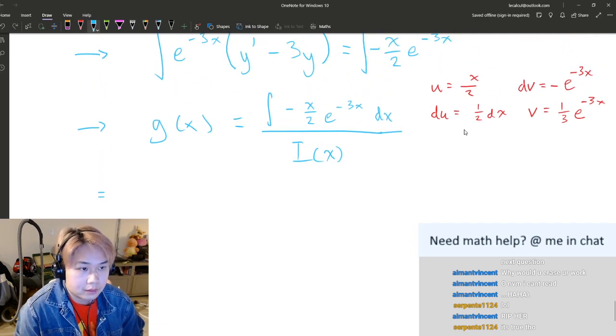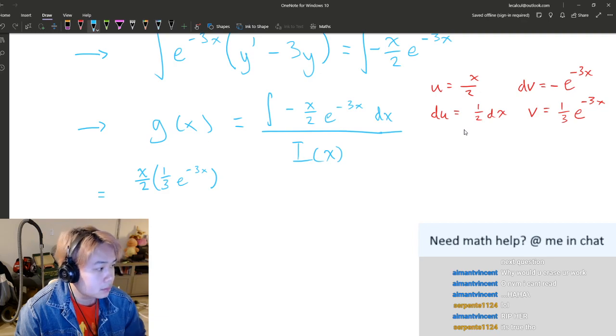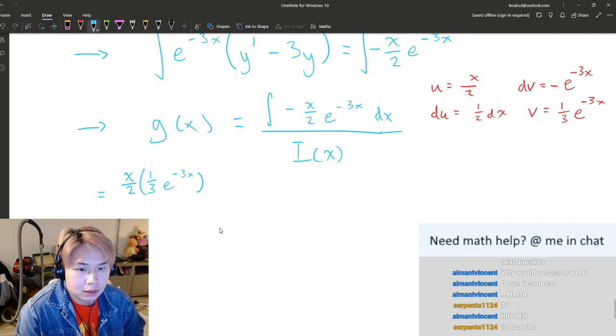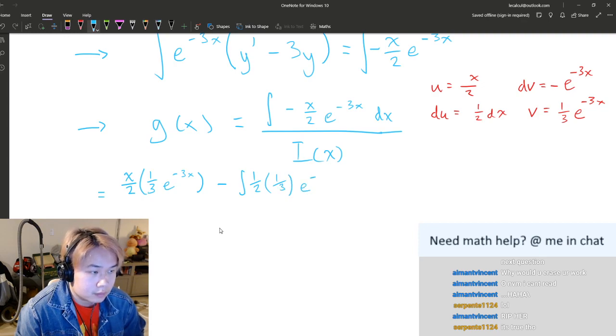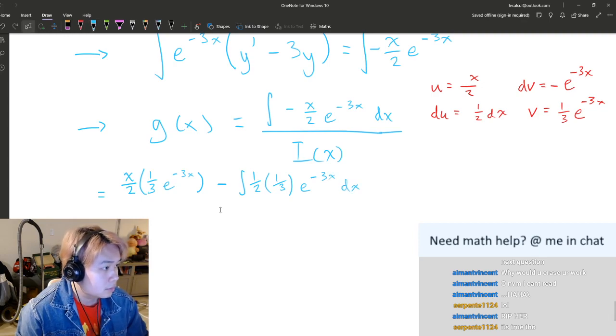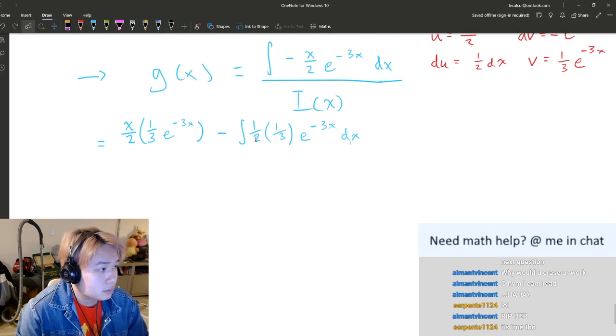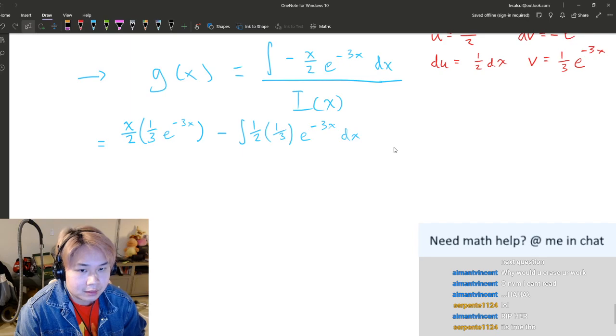So let's see. So here's my u times v, and then I subtract the other integration by parts thing.